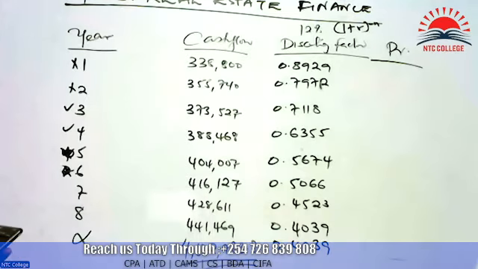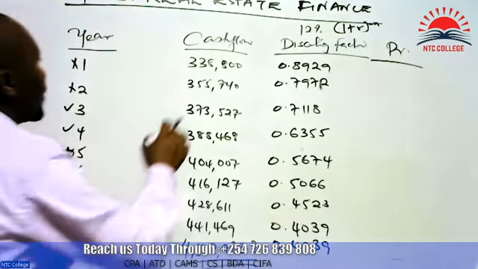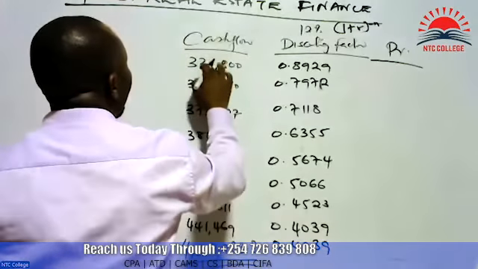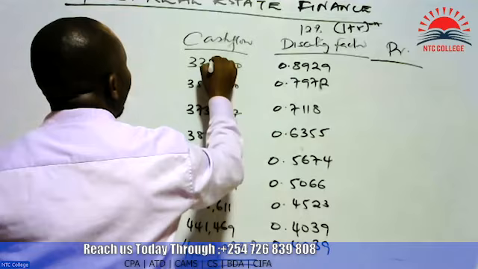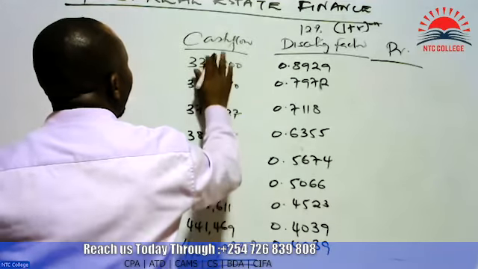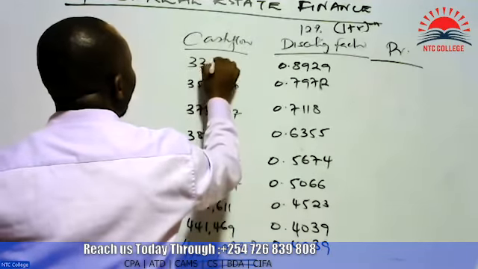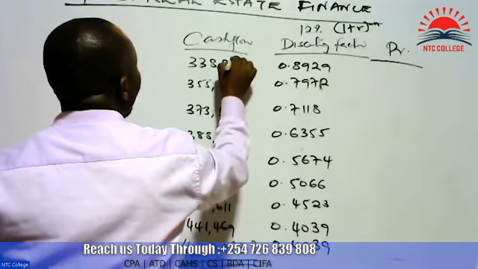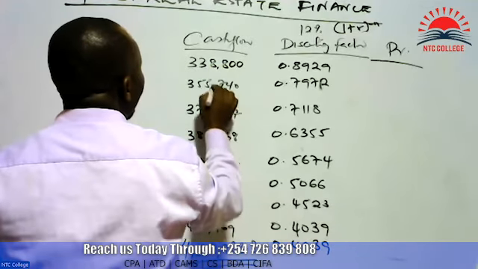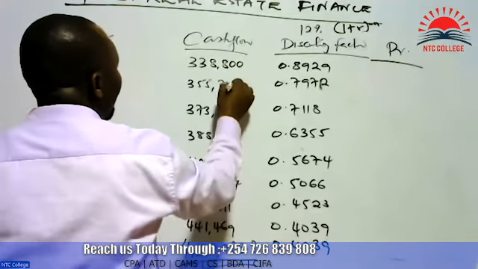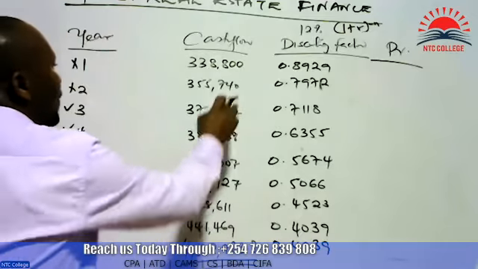The first and second figure, I am not seeing it well. Is it 355,740? This one. Yeah, what is it? 388. This one is 355,740. That's true. Okay, that's fine.